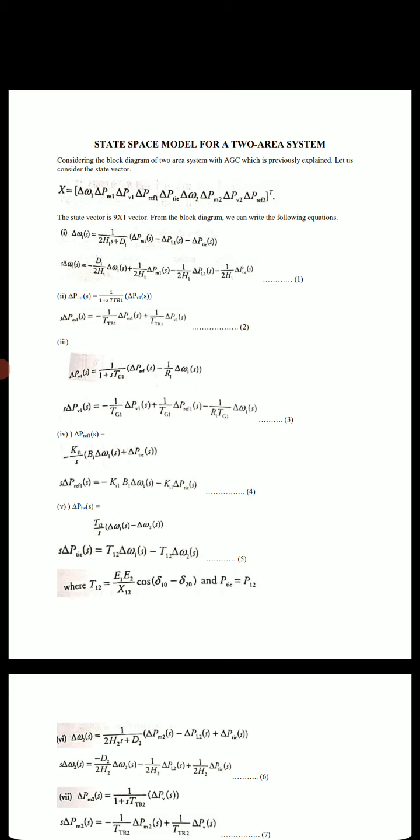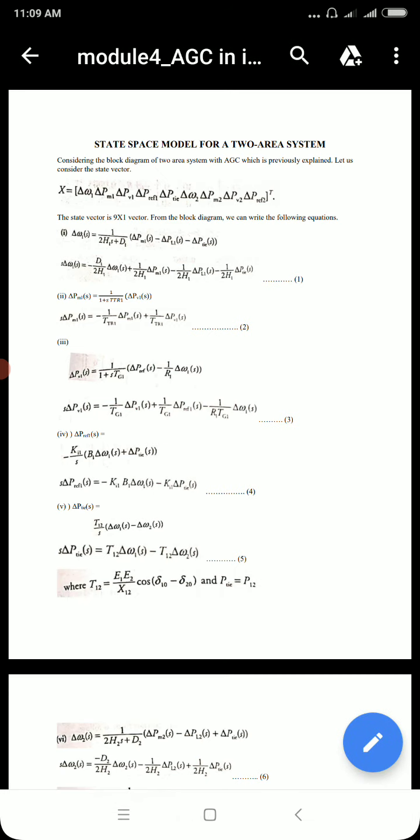The equation changes to s delta omega 1 of s equals minus D1 by 2H1 into delta omega 1 of s, since the term from the LHS is taken to the RHS and becomes negative. The remaining terms are multiplied by 1 over 2H1, because we take all the 1 over 2H1 terms to this side: plus 1 over 2H1 into delta Pm1 of s, minus 1 over 2H1 into delta PL1 of s, minus 1 over 2H1 into delta P tie of s.